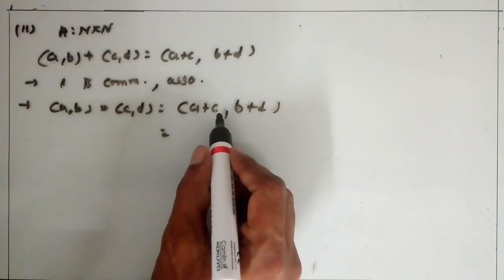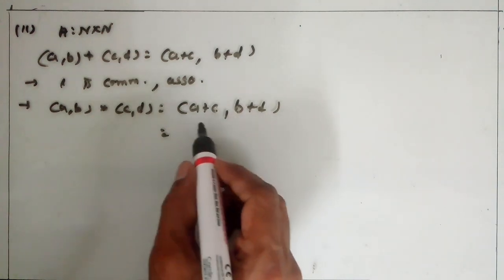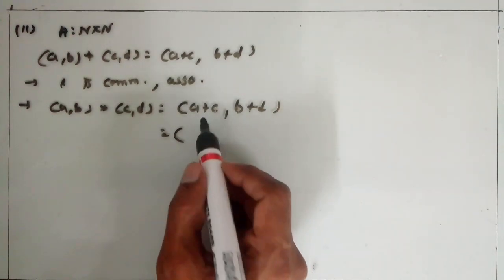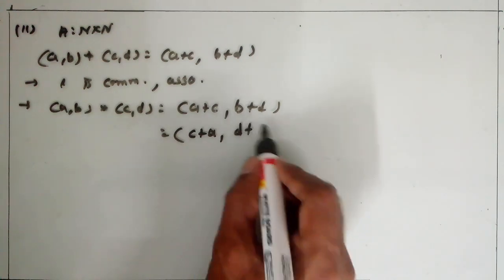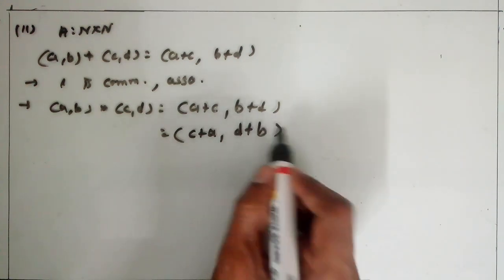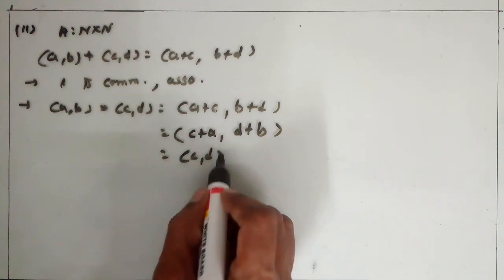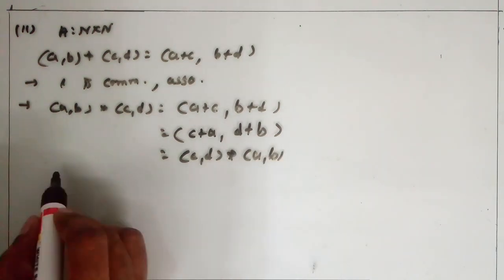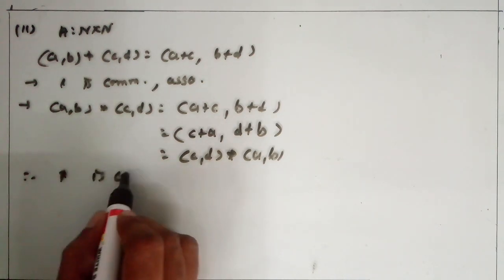Interchange A and C, B and D, because addition is commutative. So C plus A, B plus D, and this becomes (C, D) star (A, B). So star is commutative. Therefore, star is commutative.